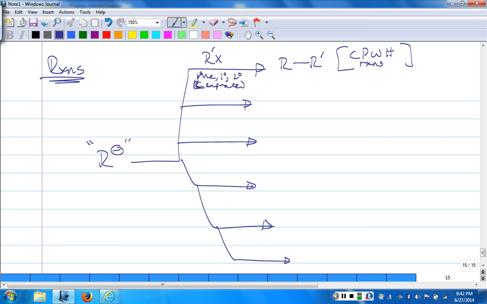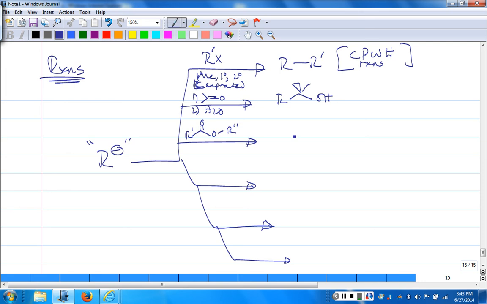They also react, and we've seen this already, with carbonyl compounds. We did that recently. So they react with carbonyl compounds, and carbonyl compounds followed by water would generate the corresponding alcohol. They react with esters. We saw that as well. So I'm going to put R prime, R double prime.